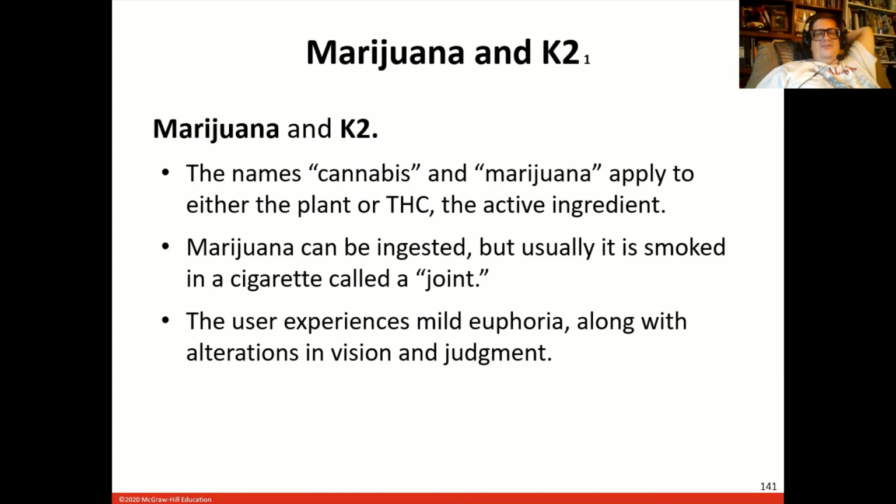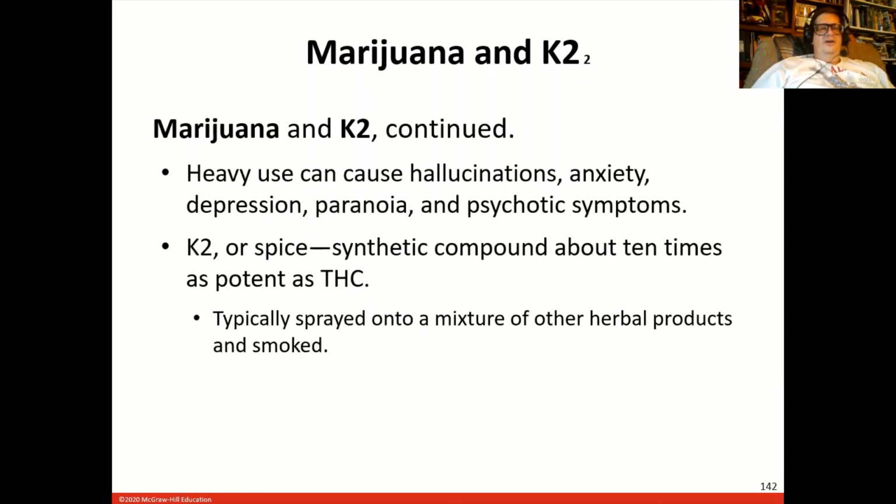What are the effects? Mild euphoria, alterations in vision and judgment. And yes, judgment is a real thing. Heavy use could give you hallucinations, anxiety, depression, paranoia.